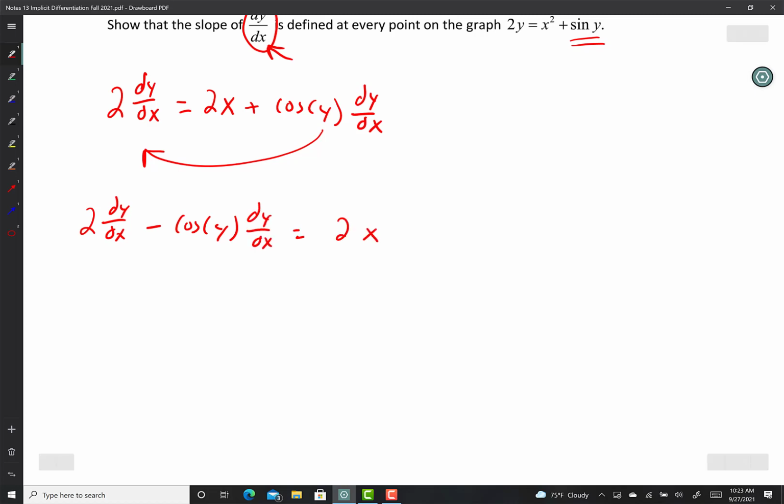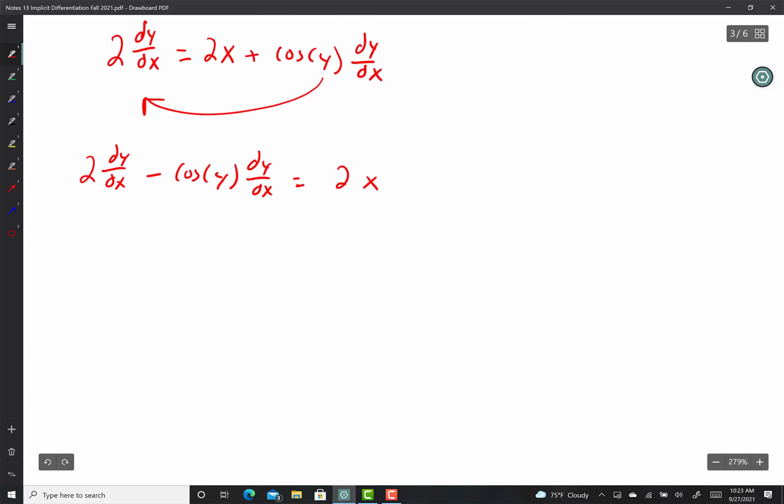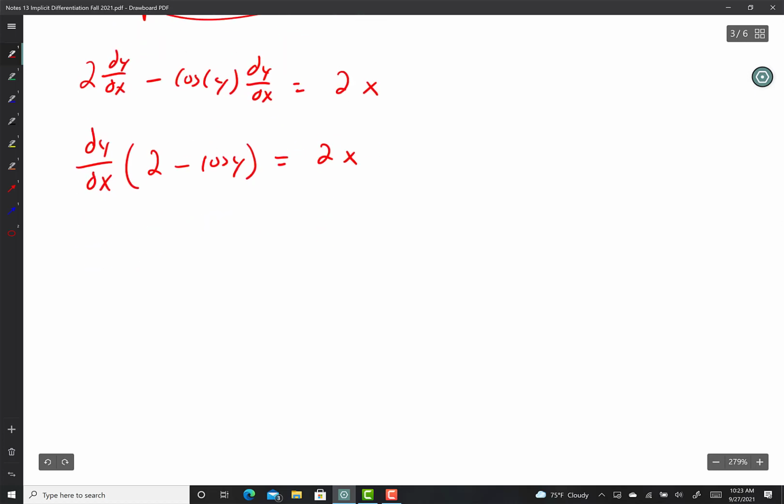And now you're going to factor a dy dx out: dy dx times (2 minus cosine y) equals 2x. And then to get dy dx by itself, you divide by 2 minus cosine y. So dy dx equals 2x over 2 minus cosine y.